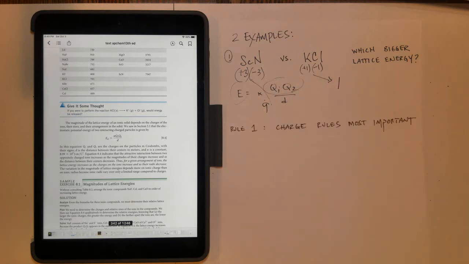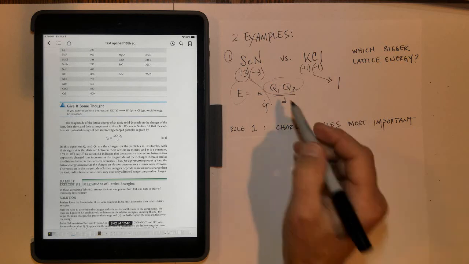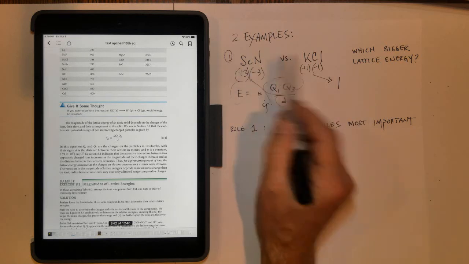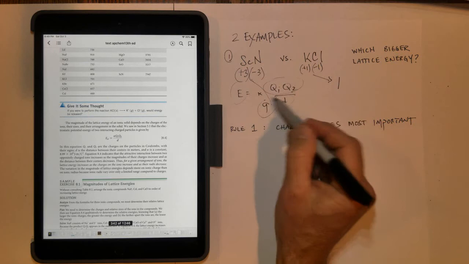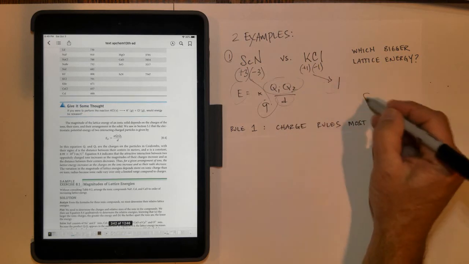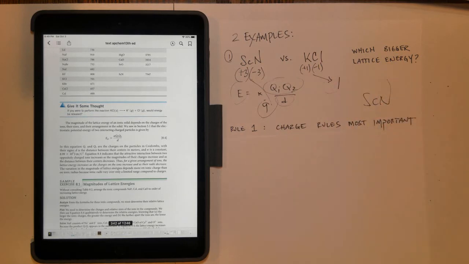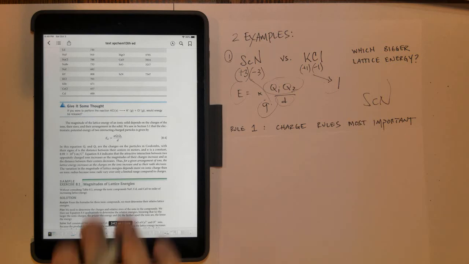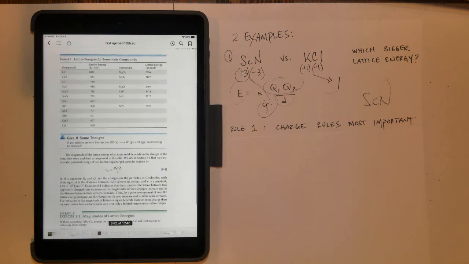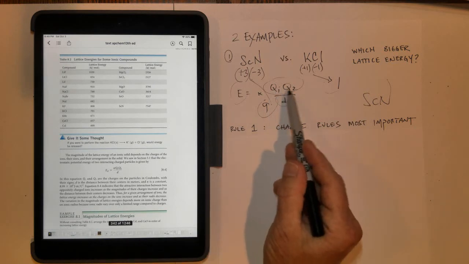Now, rule number 1, charge rules are the most important. And so without even looking at the distance between these ions, 9 to 1, hands down, scandium nitride would have a much stronger lattice energy than KCl, just because it has 9 times as much charge on the top.